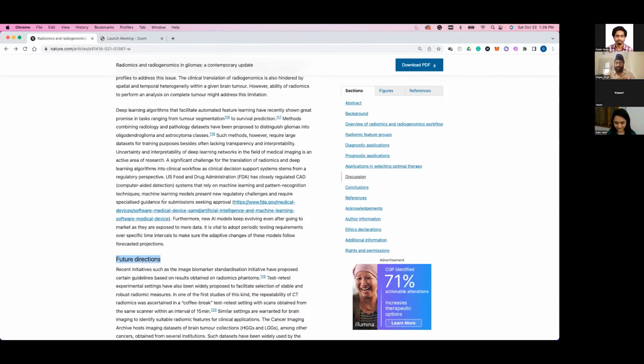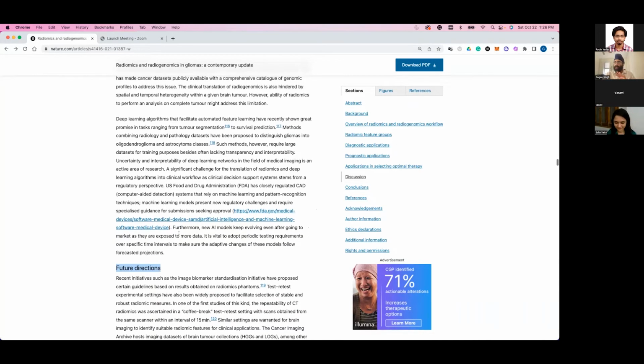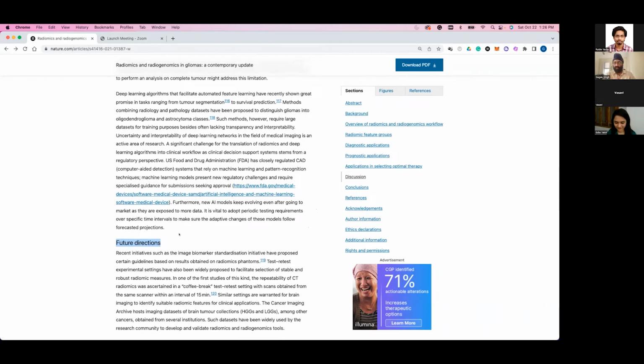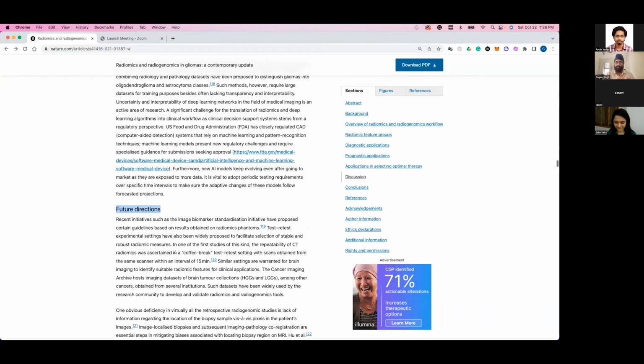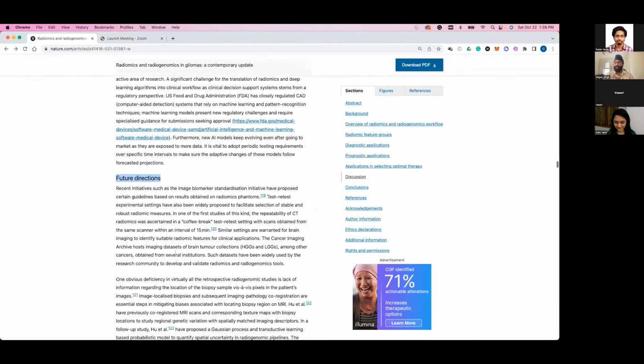You're formulating or supporting your hypothesis, and now you want to tell, okay, we all agreed on this hypothesis, and all this literature tells us that this is the direction. But what does the future hold? That's the most important thing you want to tell.